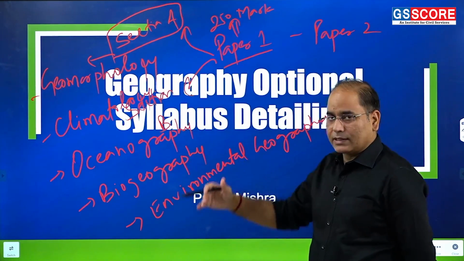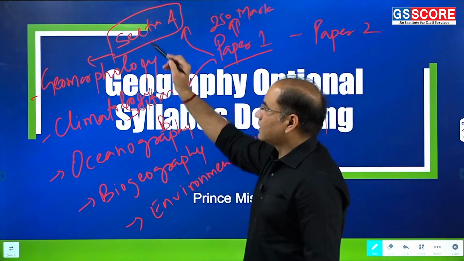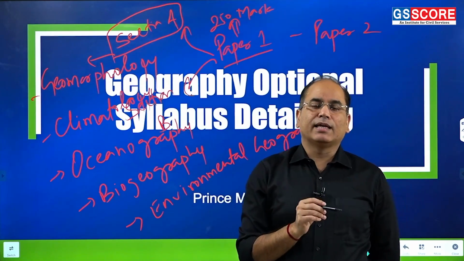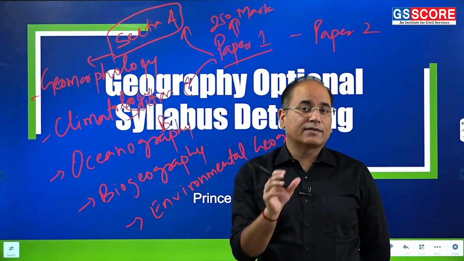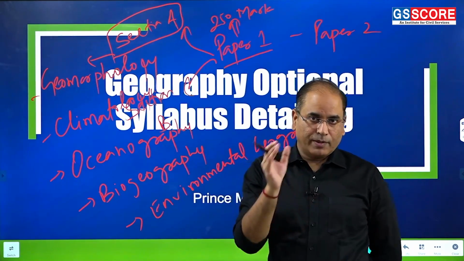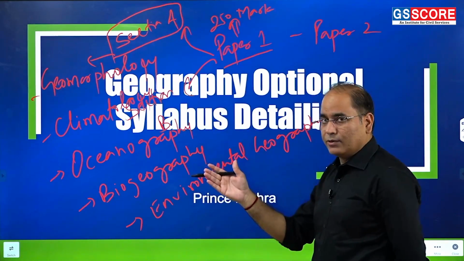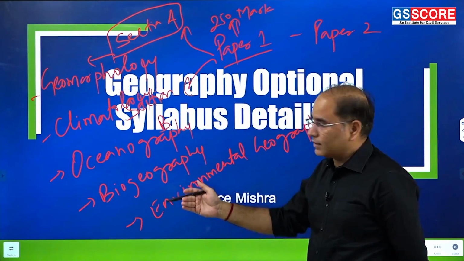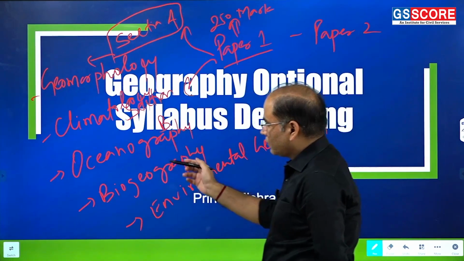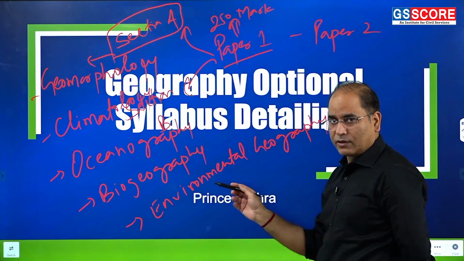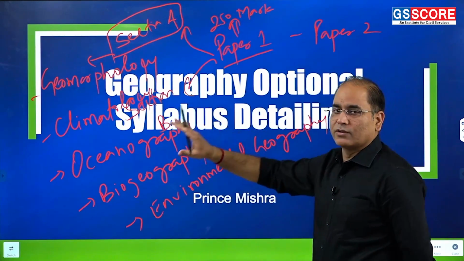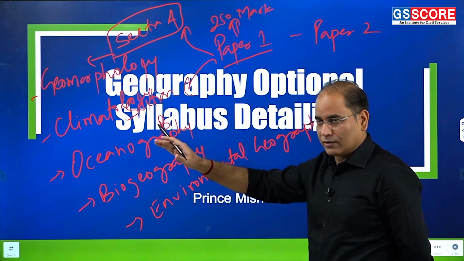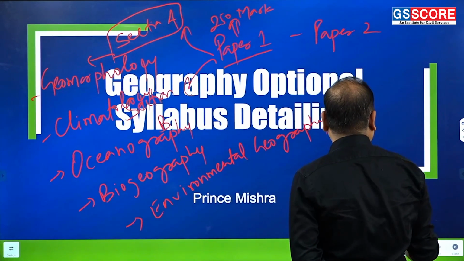These 5 chapters combinedly are part of section A, and this section A is also referred to as physical geography. So, paper 1 is divided into two sections. Section A covers 5 different chapters: geomorphology, climatology, oceanography, biogeography, environmental geography, and this section is also referred to as physical geography.